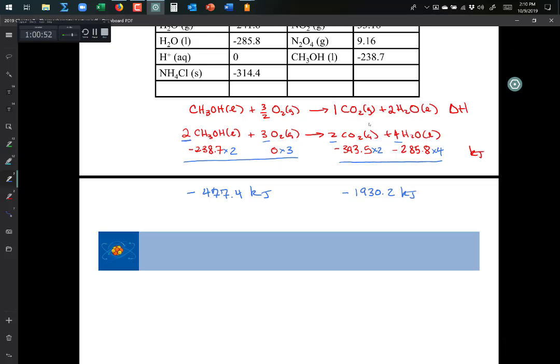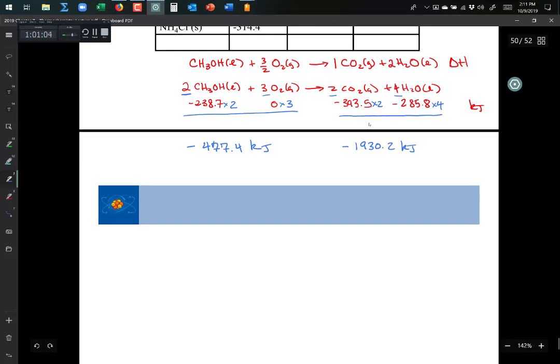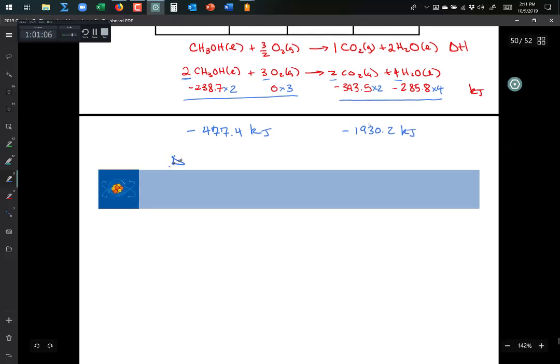So, in a sense, this is the enthalpy that goes along with the formation of the products. This is the enthalpy for the formation of the reactants. And to get the difference in energy, delta H of the reaction, it's going to be negative 1930.2 minus a negative 477.4 kilojoules.